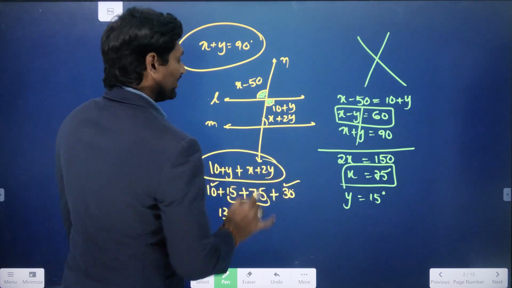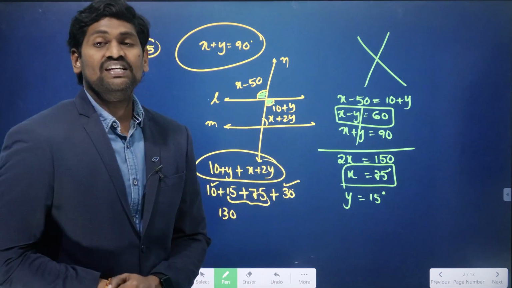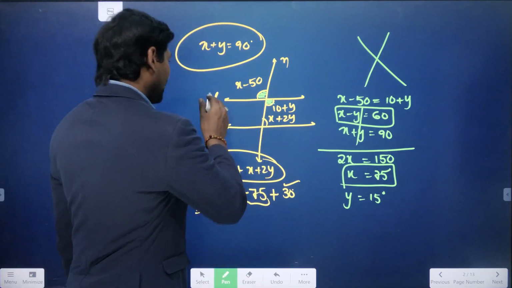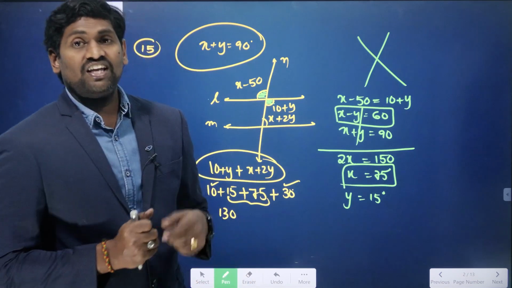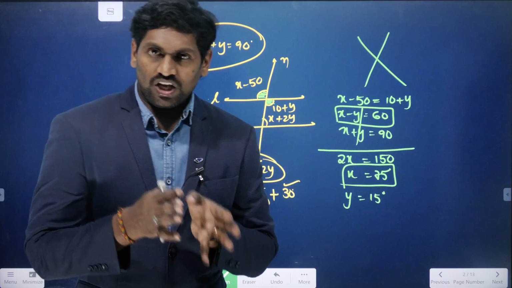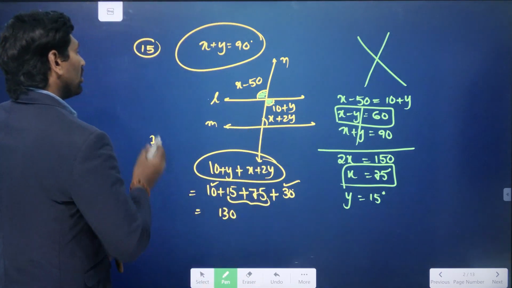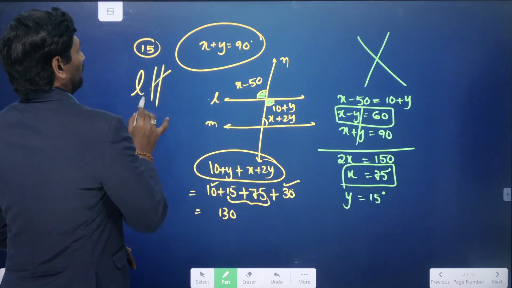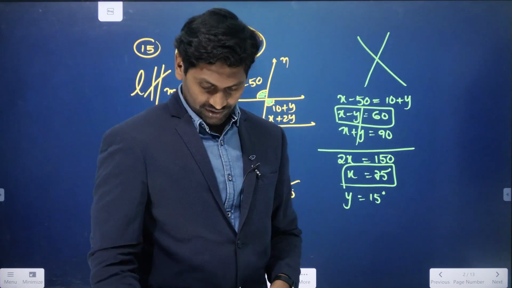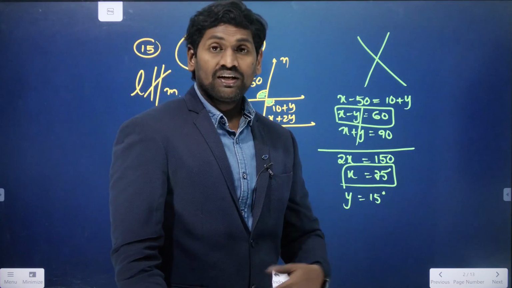So when you add the two co-interior angles, their sum must be 180 degrees; then only can we consider the given lines parallel. Otherwise, they are not parallel lines. So the option is L is not parallel to M. Let us go to the next problem.